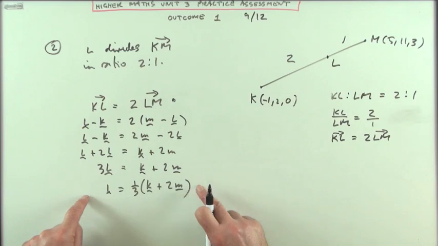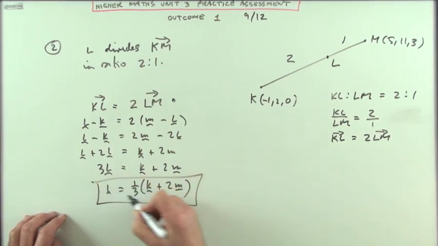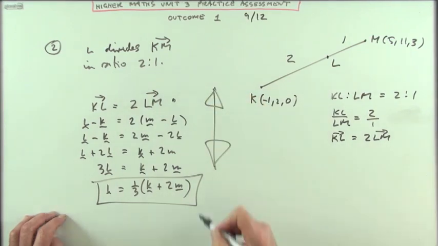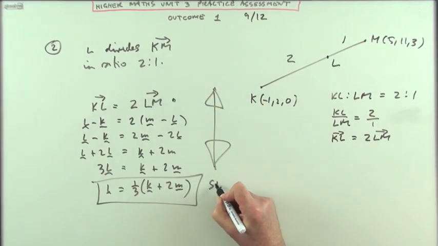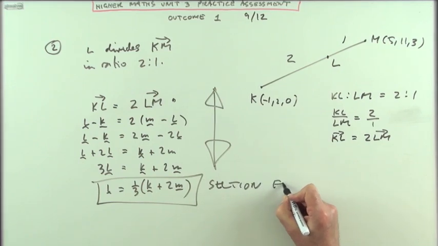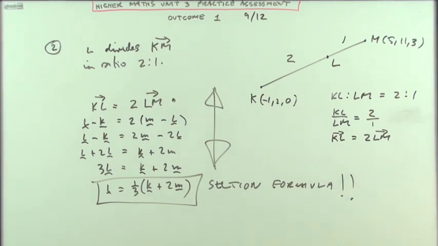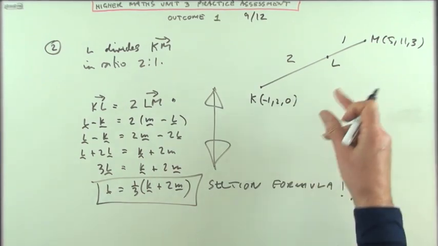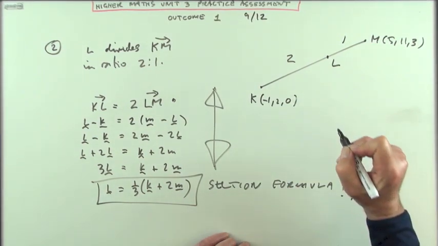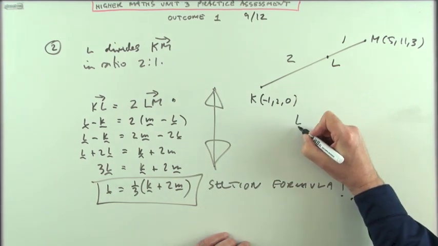Now the whole point about this is, this thing here, which has taken all of this time to arrive at, is the section formula, which is a valid starting point for the question. Instead of writing this down, if you were presented with that question, you could just jump straight in using the formula.